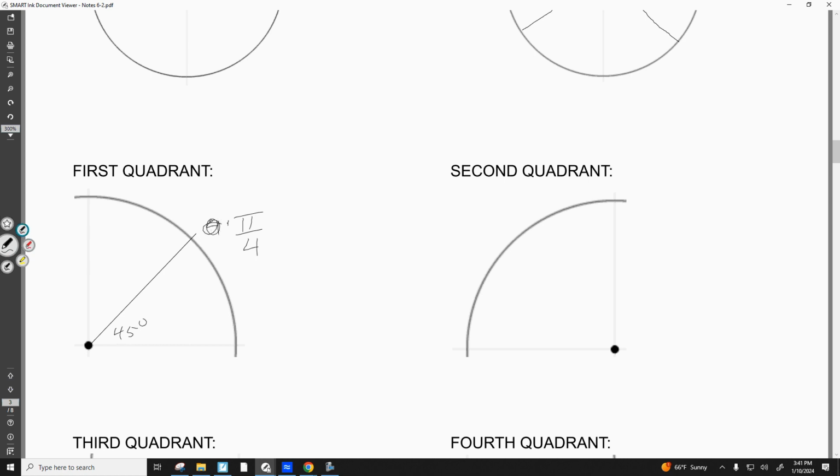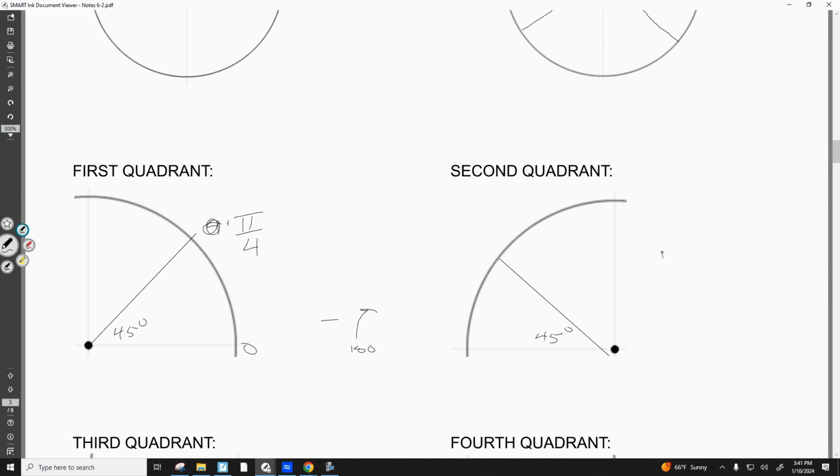Now, this angle in the second quadrant, which is 135 degrees. How do I know it's 135 degrees? Well, I did the calculation, and this is very important. 180 minus 45. I use 180, and I know that going around in a counterclockwise direction is like subtracting.